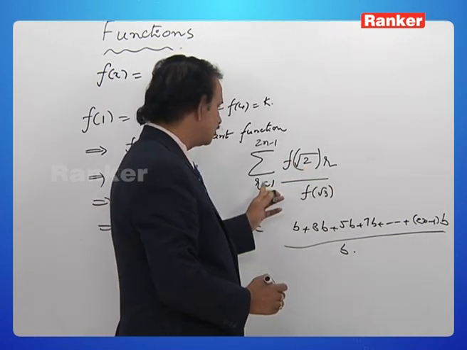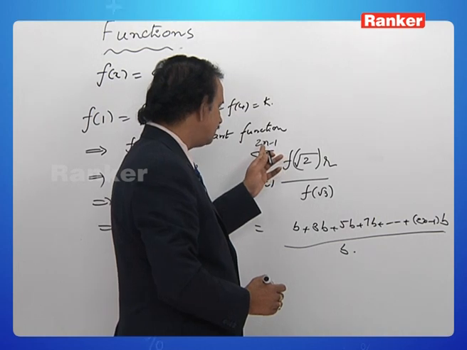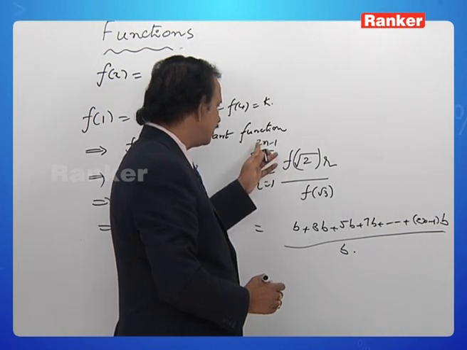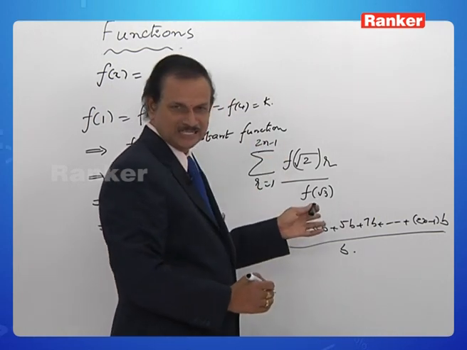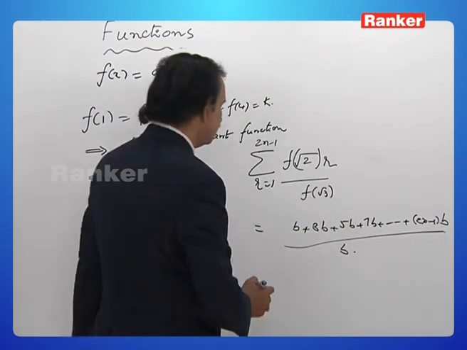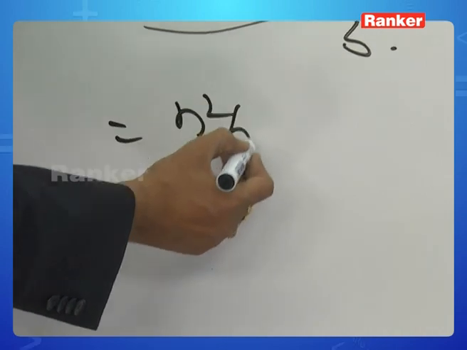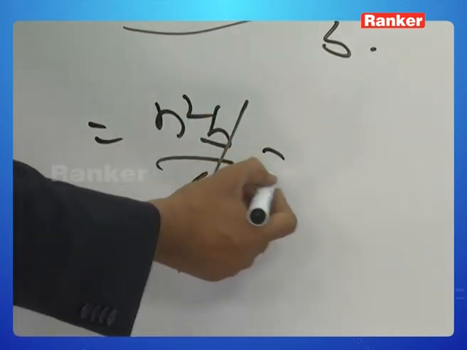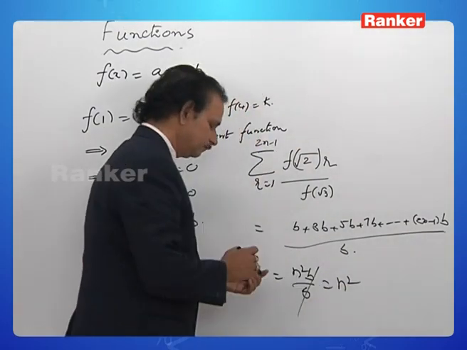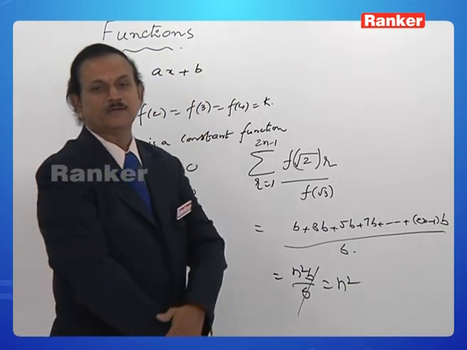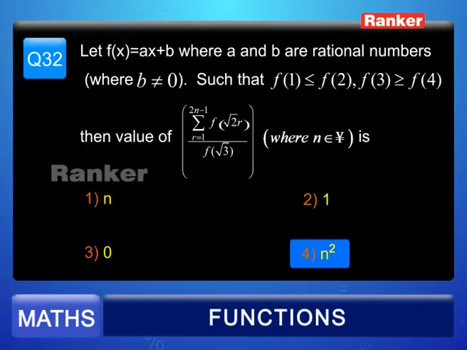Next, take r is equal to 2. Then what happens? 2n minus 1 only, up to that, isn't it? Therefore, this is b plus 3b plus 5b plus etc. It is n square b by b, leaving you n square. So, what is the right option? n square. The fourth option is the right option.